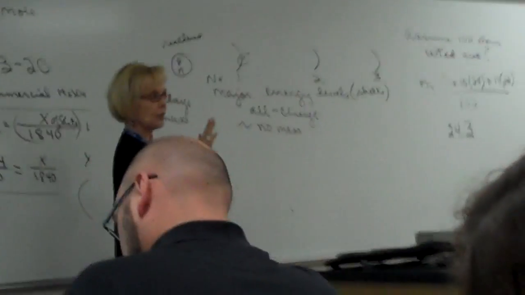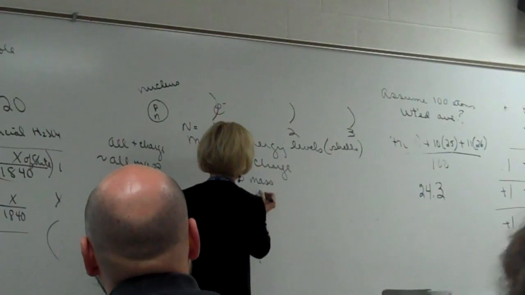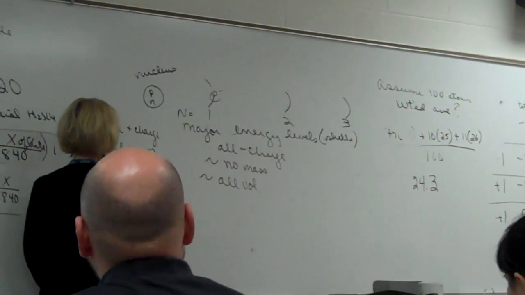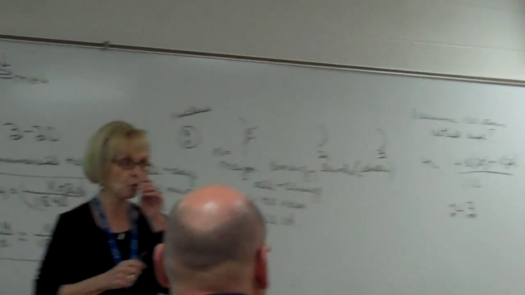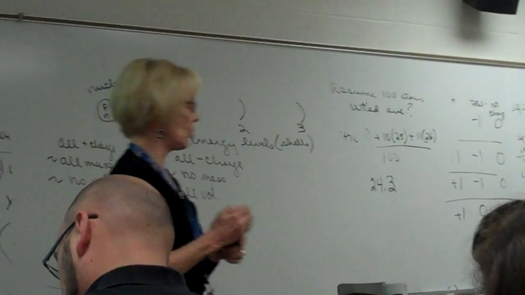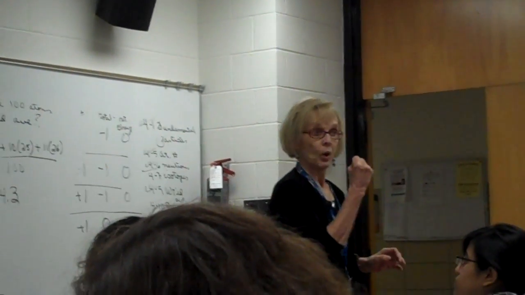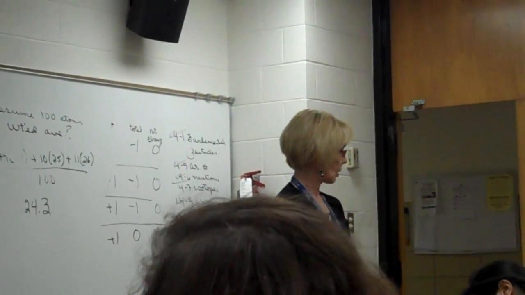But the other thing, and this is the part I haven't mentioned yet, essentially all volume is due to the energy levels. Essentially no volume is due to the nucleus. In other words, this is just another way of saying the nucleus is really tiny, and what determines the size of an atom is really where those energy levels are.